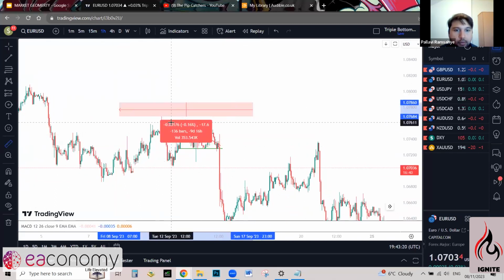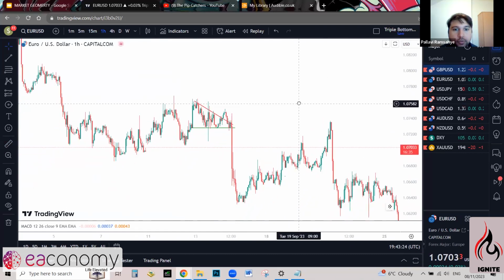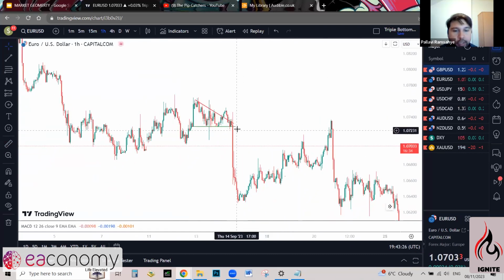But yeah, one thing that I like to incorporate with this is key levels as well. If I can't see, if it's not around a key level, more than likely it will be. But it's just another additional confirmation layer to make sure that you can get in, and it is a high probability setup as well.